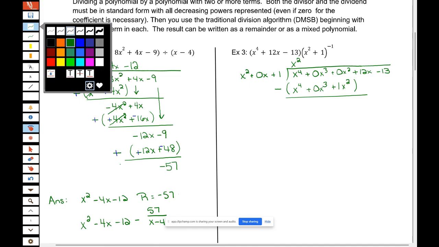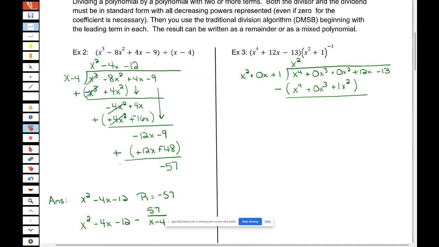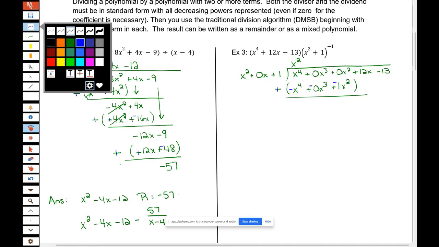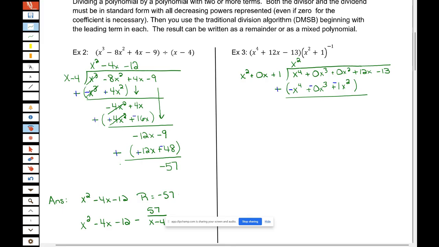All right, so now we are going to subtract the entire quantity. I'm distributing the negative sign. Canceling, this gives us nothing, and this gives us negative 1x squared. Okay, so now I need to repeat the process.